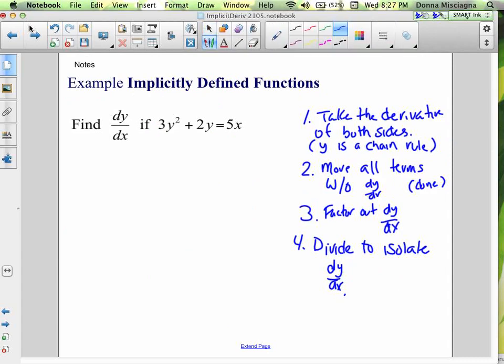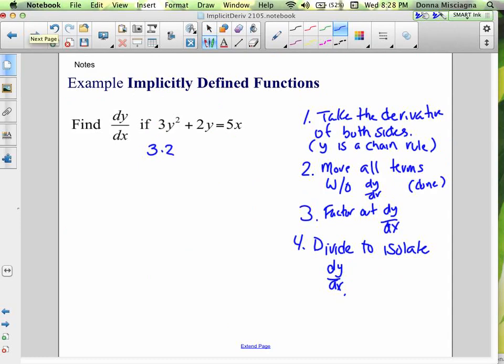So we'll take the derivative of both sides, right? And of course, anytime we see a y, that's going to be a chain rule. So the derivative of 3y squared is just going to be a power rule, right? With a little chain. So this would be 3 times, so this is just blop squared, which is 2 blop.